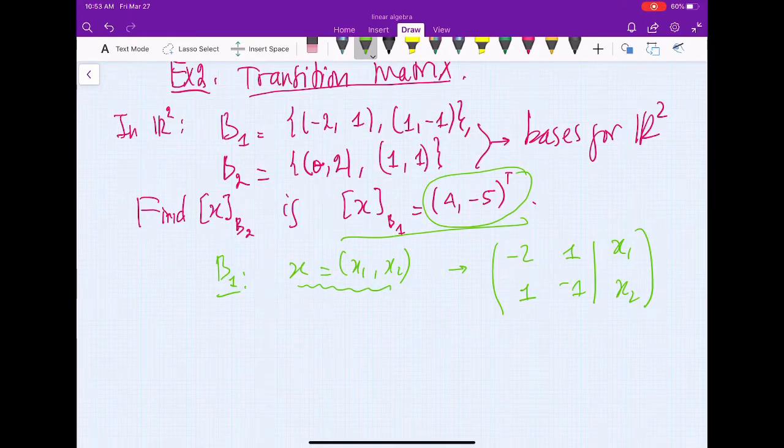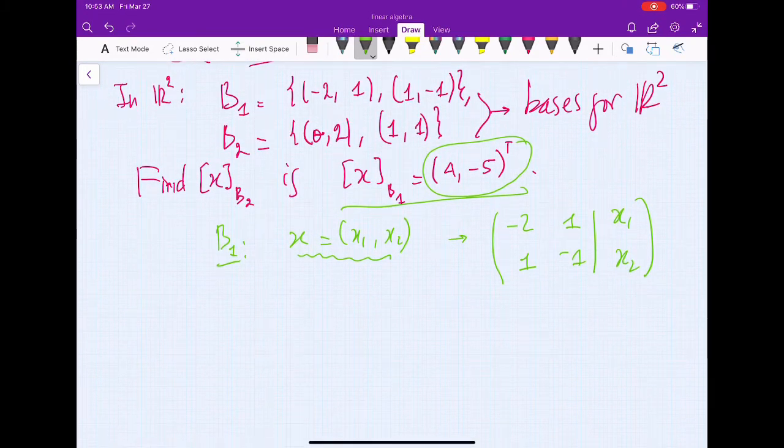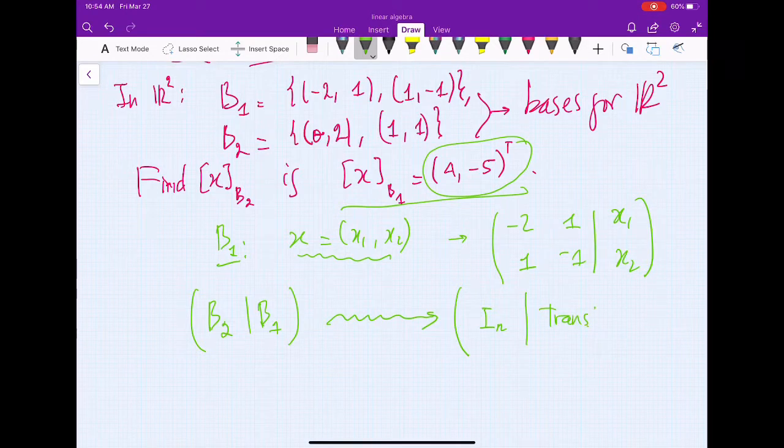All right? So in order to find the transition matrix from B1 to B2, I do the following. I write B2 in here and then B1 in here. I will use row elementary operations to get the identity form. I write in general I_n, and here is my transition matrix. Make sense?